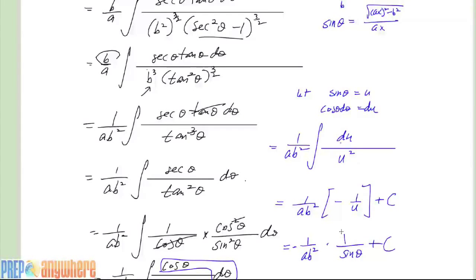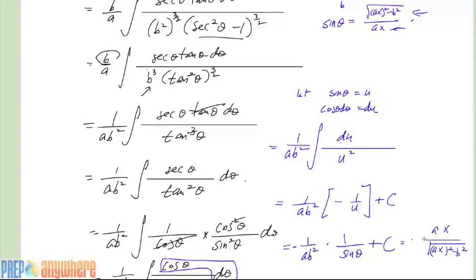So we have a 1 over sine, so let's put it as a reciprocal. So ax over the square root of ax squared minus b squared, minus 1 over ab squared, so plus a constant.